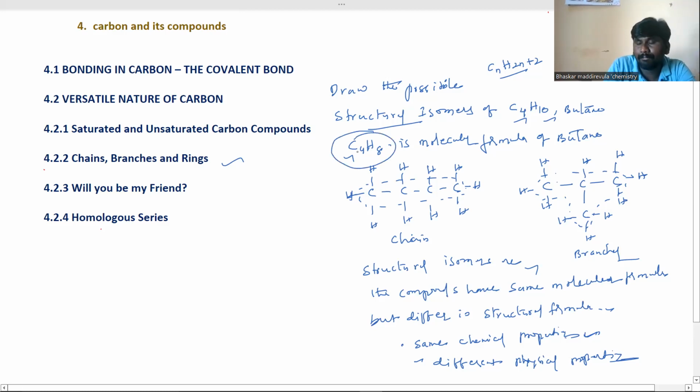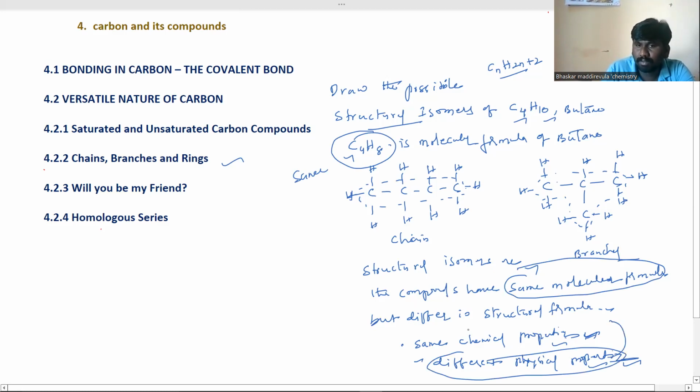Because the molecular formula is the same. And why different physical properties? Because the structure is different. Physical properties always depend upon the structure, while chemical properties depend upon the molecular formula. Because of the different structures, they show different physical properties.